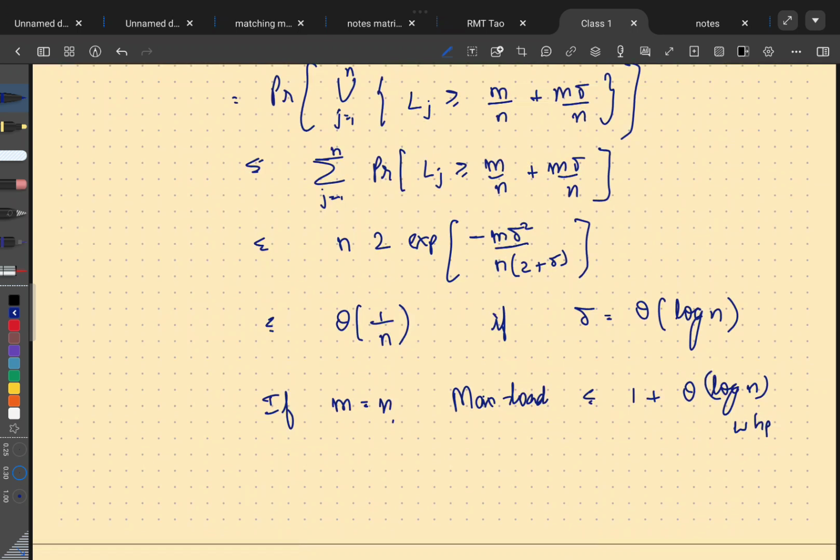If you do that, then you can reduce this extra load from log n to log log n, which is much smaller.